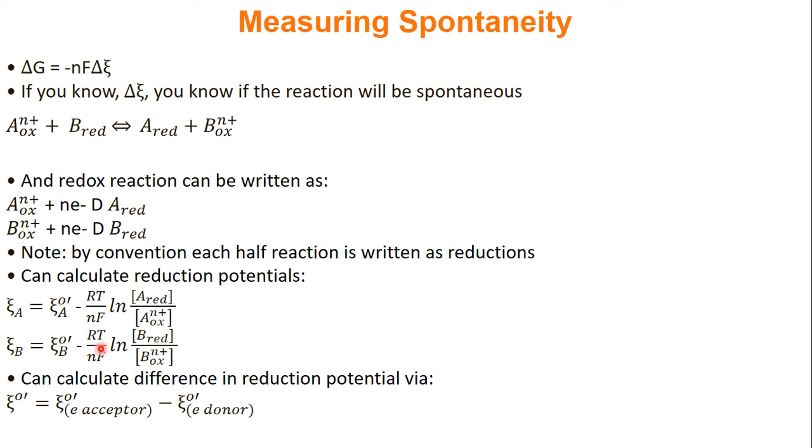Therefore, we can calculate the difference in reduction potential given by this. When we calculate delta E, it's always going to be the reduction potential of the acceptor minus the donor. So what is accepting electrons minus what is losing electrons? What is reduced minus what is oxidized?